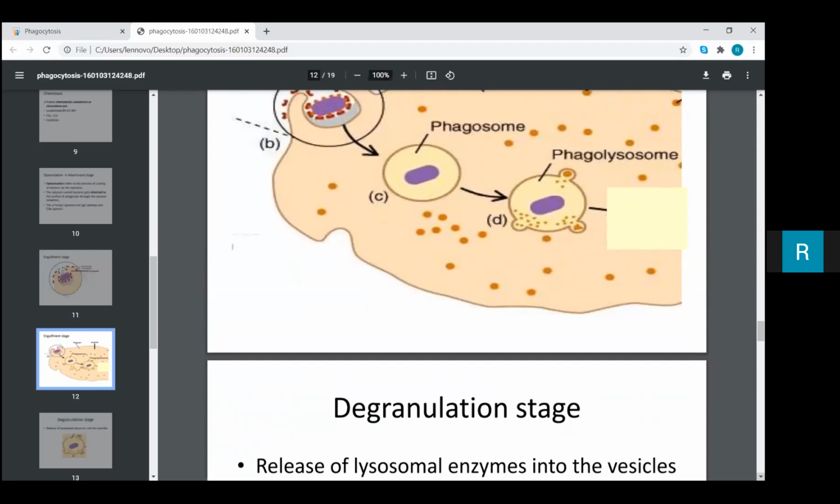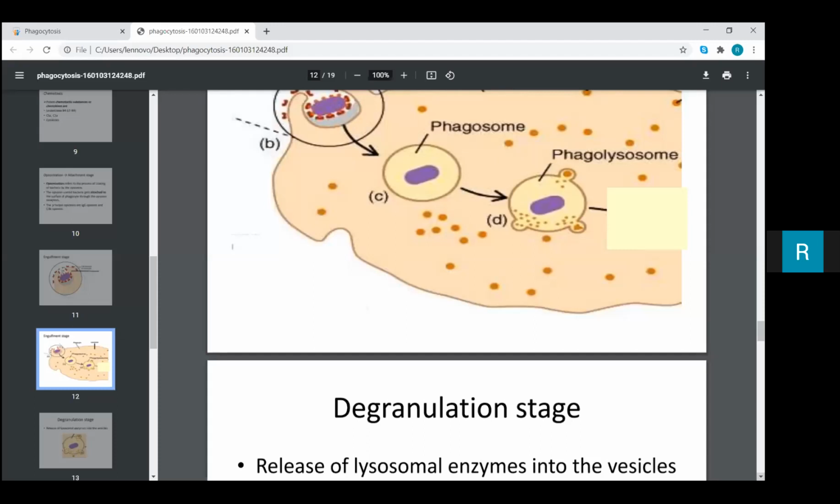We have these tiny little brownish packets of enzymes known as lysosomes that fuse with the membrane of the phagosome to form a phagolysosome and commence the destruction of the contents, the target or the offending agent, the antigen. Now, what is the essence of doing this and why should we worry about collisions?